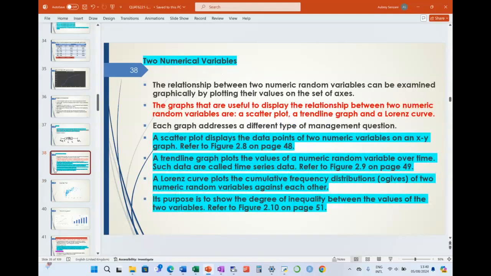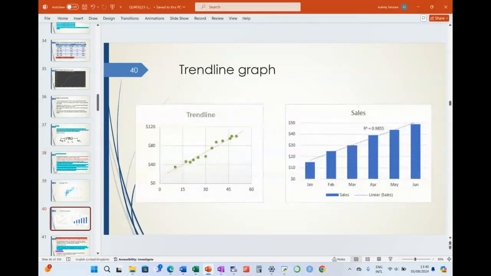Right. Then the next graph that we had was a trend line. Okay. And a trend line is just to show us what is the pattern happening here. What is the general movement? What trend? I was trying to run away from the word trend that we are seeing over time. Okay. Because it's always about over time. There we were looking at sales.